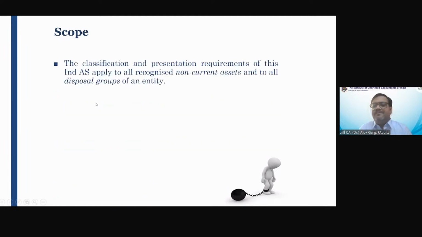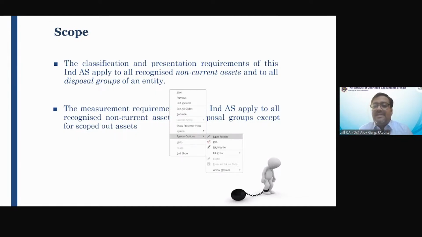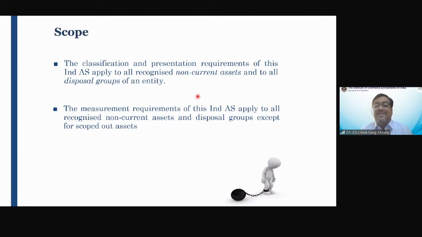Now friends, if I talk about Ind AS 105, the classification and presentation requirement of this Ind AS applies to all recognized non-current assets and to all disposal groups of an entity, right? मैंने पहले ही आपको बताया ये किस पे अप्लाई होगा. ऑल रिकॉग्नाइज्ड, बैलेंस शीट में ऑलरेडी रिकॉग्नाइज हो चुका है नॉन करंट एसेट, अगर वो हेल्ड फॉर सेल होगा देन दिस Ind AS 105 विल बी एप्लीकेबल.